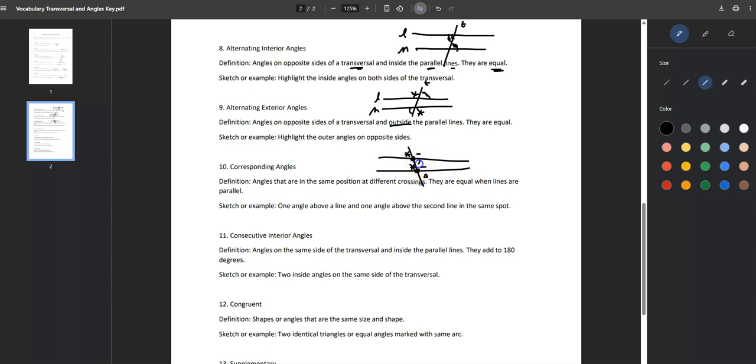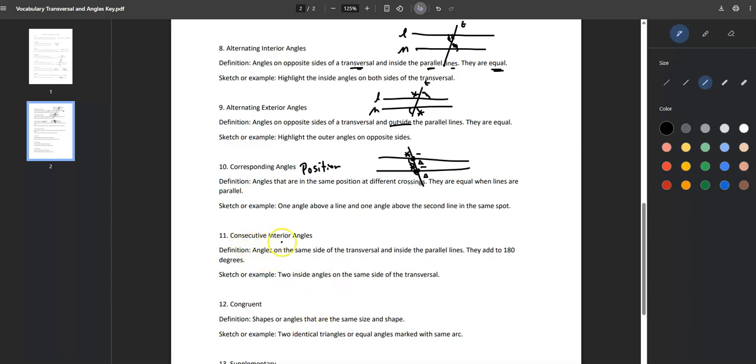That lower right and that lower right would be corresponding. And then, yes, I could have these lower left ones as well. So we have 4 pairs of corresponding angles within the diagram that we've got for this one. Okay? Think about position. Position is really important at the intersection. So upper left, upper right, lower left, lower right. And they're going to be a pair of angles.